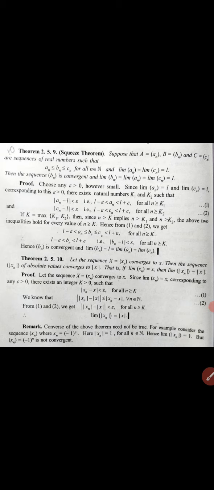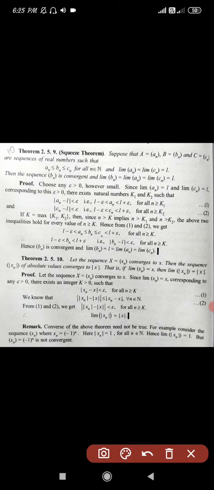We already know that modulus of mod xn minus mod x would be less than or equal to mod of xn minus x for all n belongs to natural numbers. So from these two, we can write mod of mod xn minus mod x would be less than epsilon for all n greater than or equal to k. So therefore limit of mod xn equals mod x, hence proved.